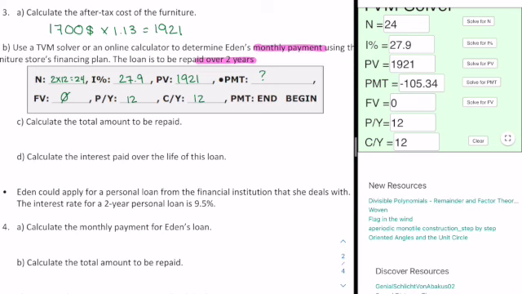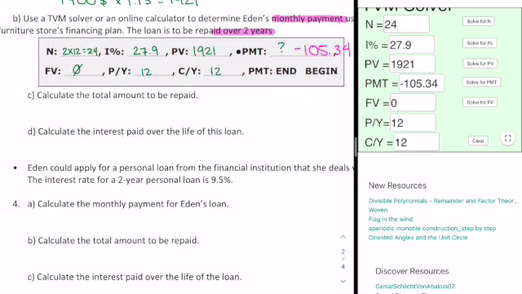So we'll wind up having a payment of 105.34. So that right there is each payment, and then calculate the total amount. That's just per month. So she's doing 24 months times 105.34.